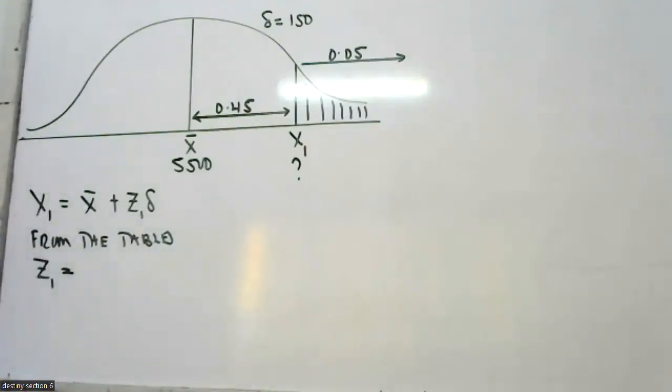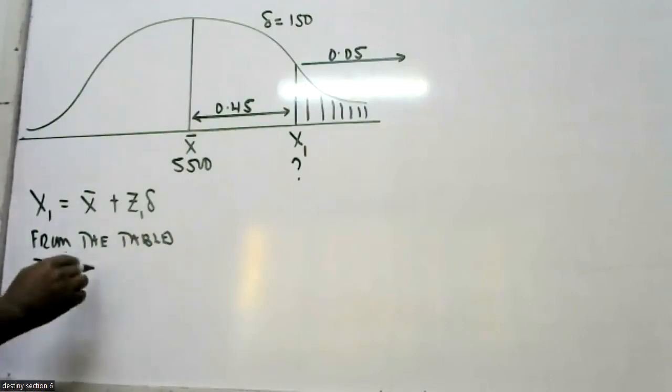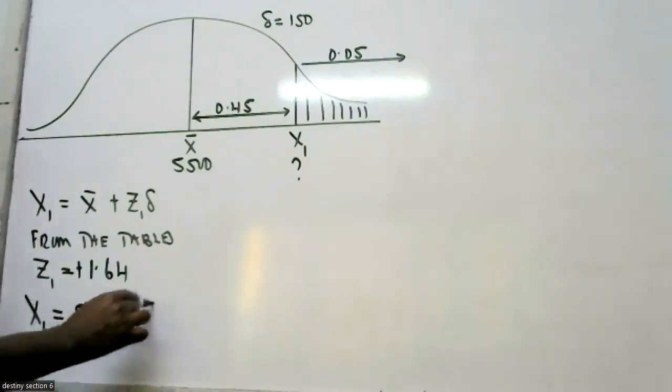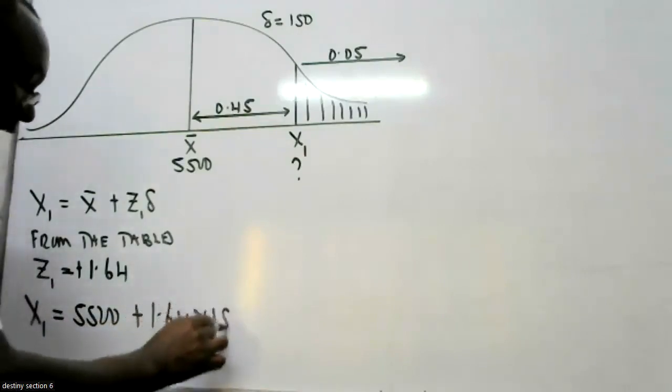There is more and there is less. We have from the tables less 0.495. You pick whichever you think is closer to the one you're looking for. Any can do. Let's pick 1.64. And it is positive, because we are on the higher side. So therefore, x1 should be 5,500 plus 1.64 times 150.